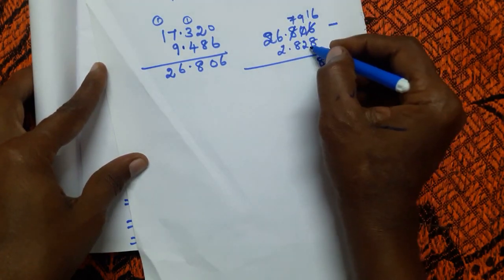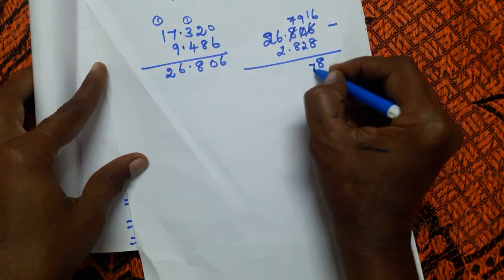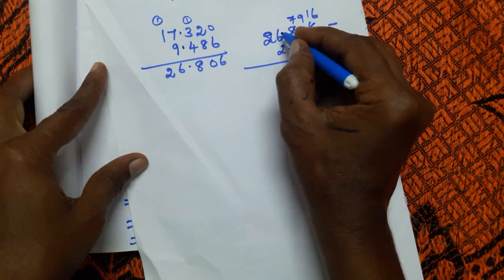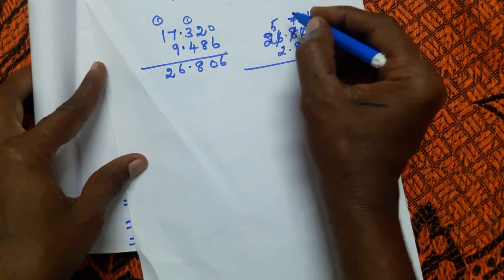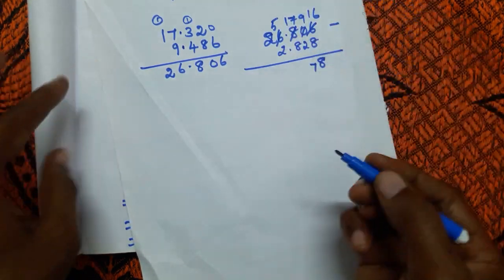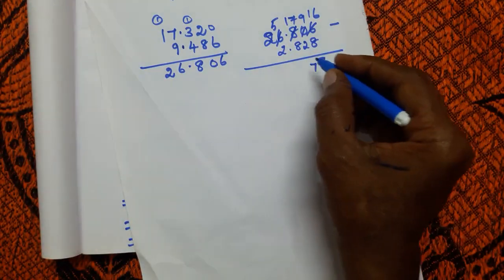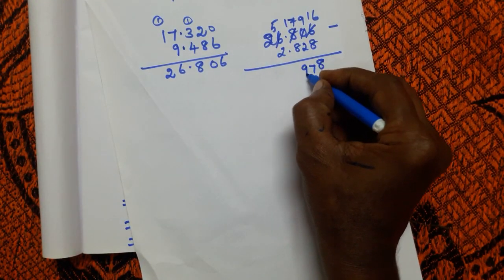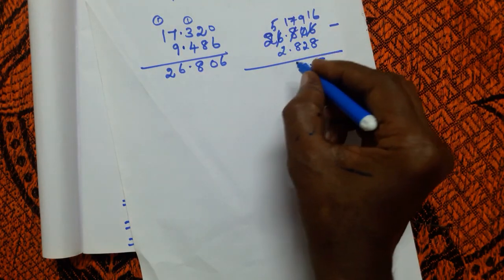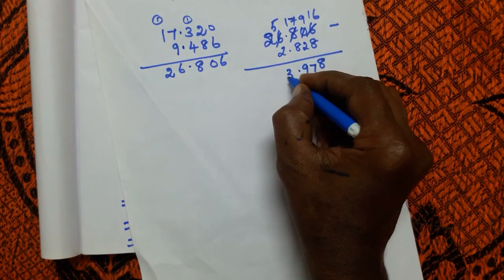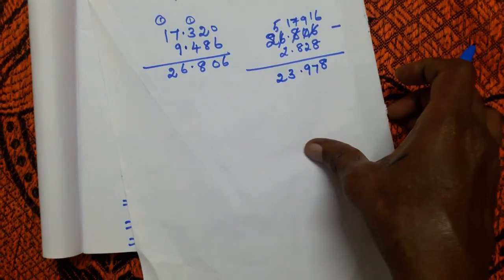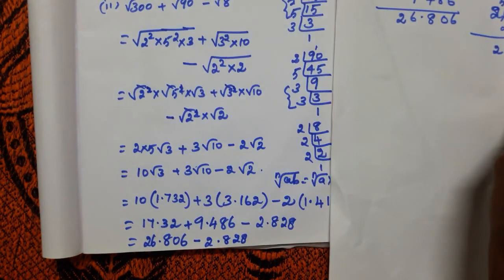Next, 9 minus 2. 9 minus 2 is 7. Here also 7 minus 8, we cannot subtract, so we have to borrow it. Here 5. Here 17. 17 minus 8 is 9. Next, 5 minus 2, 3. Next 2. 23.978. What is the answer?